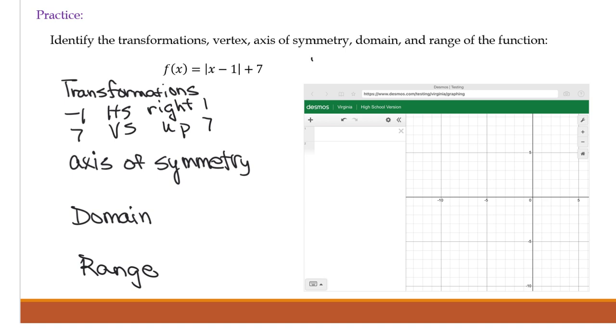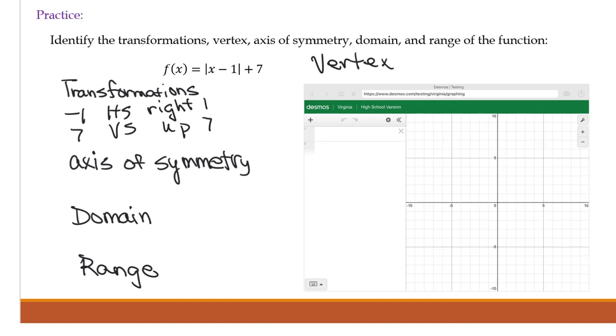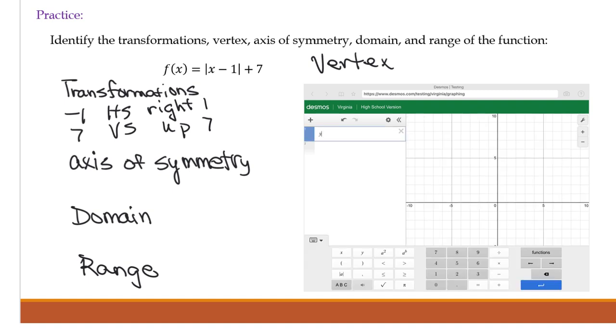Okay, the vertex, and I did not write that one down, we're going to find by graphing this function. So I'm going to go to Desmos, and I'm going to type in y is equal to the absolute value of x minus 1 plus 7.